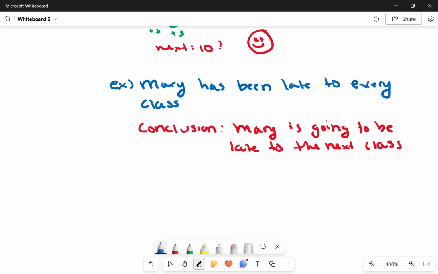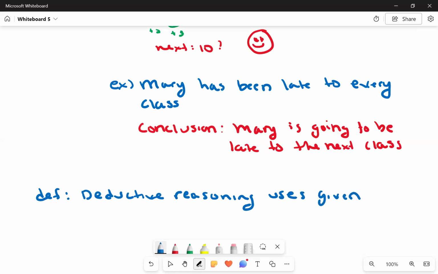So let me go ahead and define it. And then we will try to look at some arguments using deductive reasoning. So deductive reasoning uses given statements to make conclusions.